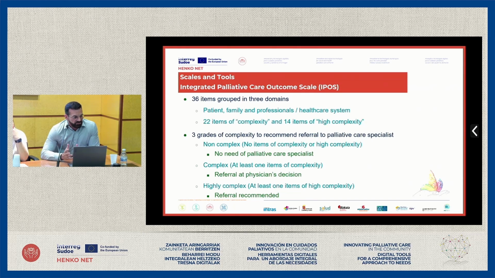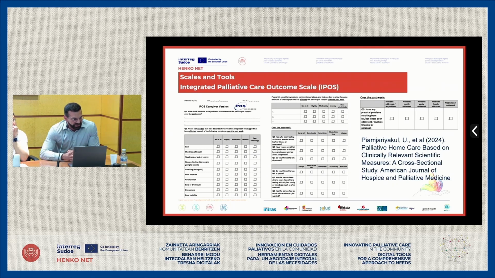Among these 36 items, 22 are of complexity and 14 of high complexity. And in the same way, you can have 3 grades of complexity, depending on whether you have no item of complexity or high complexity, or at least 1 item of complexity, or at least 1 item of high complexity. And the recommendation about the referral depends on the grade of complexity. The IPOS looks like this.